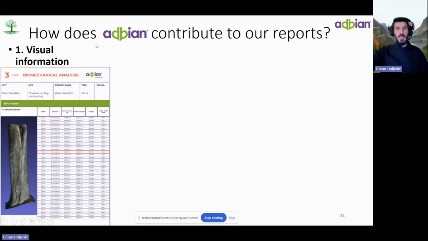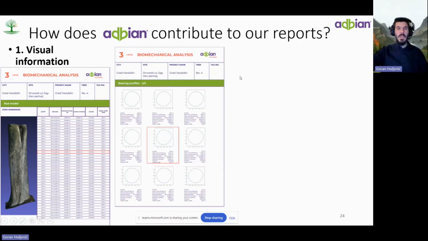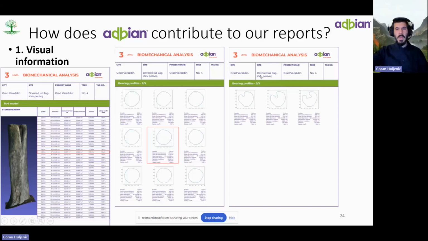So how does Adbian contribute to our reports? As I said, I really like to use it because it gives really clear visual information, which is important when you work as a consulting arborist and you want to be very clear in your communication with your customers and other stakeholders that are there for trees.